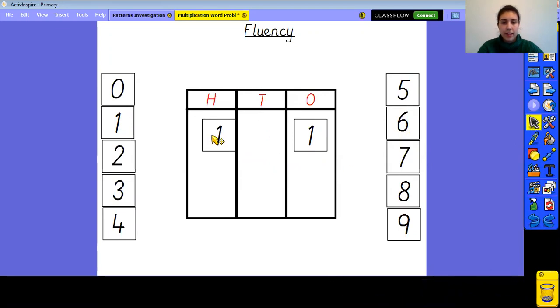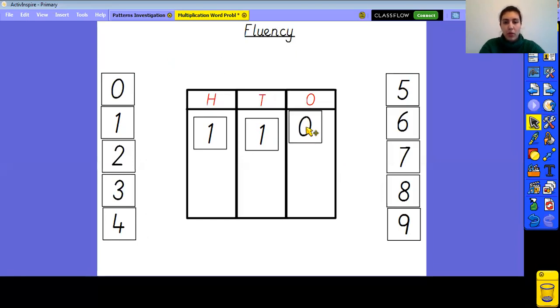Like this. But then that means that our ones column is empty. So I need to put a placeholder there, which is what we call our 0. So 11 times 10 would be 110.